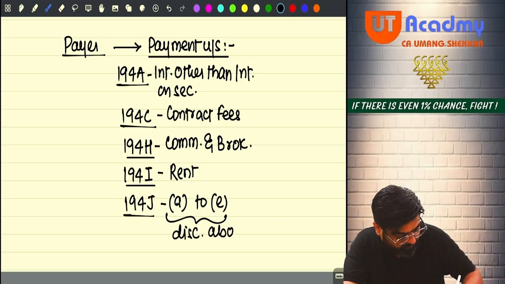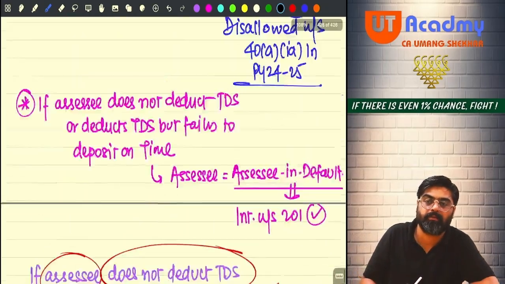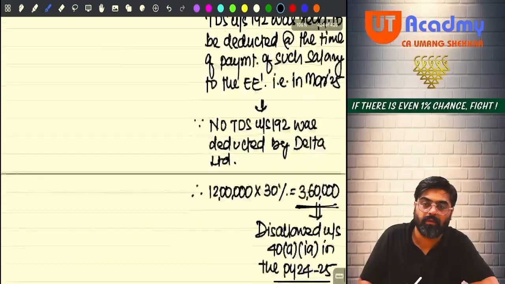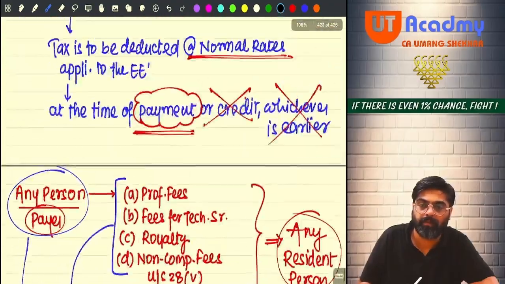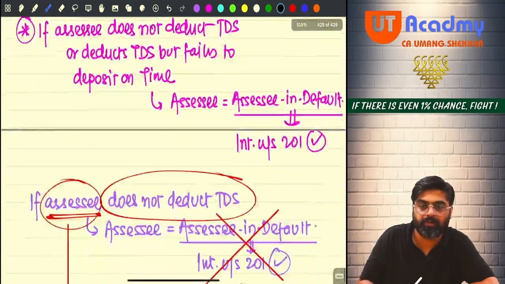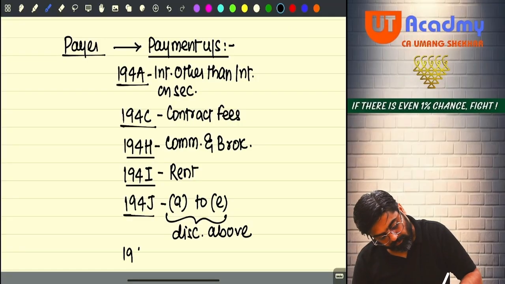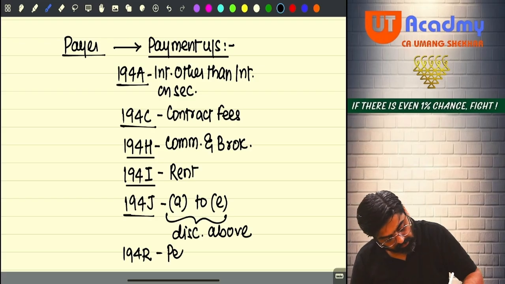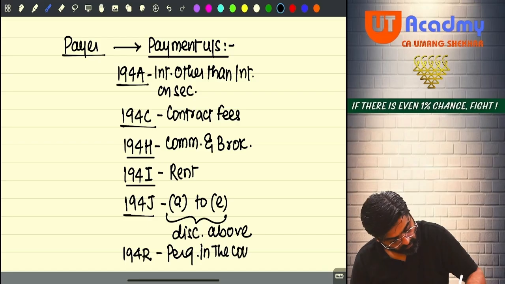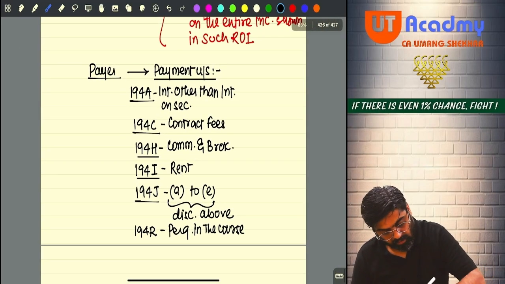Do you remember? 5 payments of 194J we discussed above. These 5 payments of section 194J. And there is one 194R also. That is perquisites in the course of business or profession.